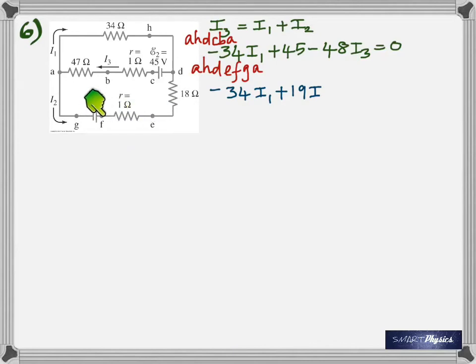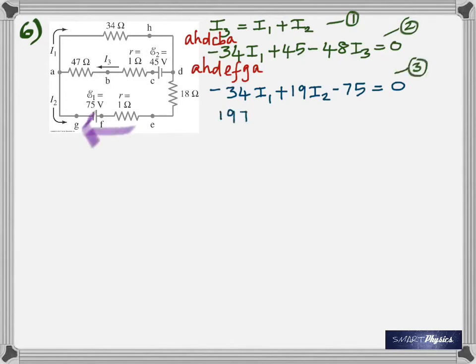And then when you go across the battery, you're going from the positive to the negative, so it's negative. All right, so see that here minus 75 because you're going from positive to negative. So you have your three equations, and you have to solve these three equations in any way you like.